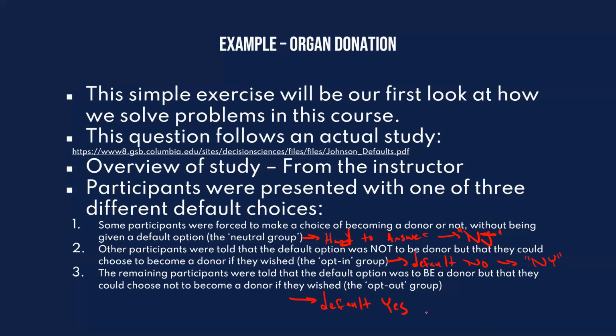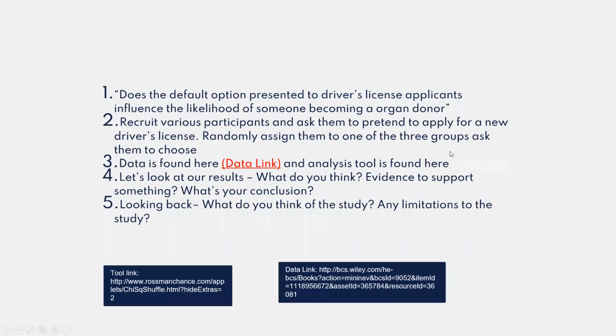But which one do you think would be the worst? Yep, I agree with Melissa. So, again, not judging you New Yorkers, but maybe yours is the worst. I don't know. So let's see what the research studies show. And then I'll talk about what happens in the real world in a second. All right, so here's the 5-step process.